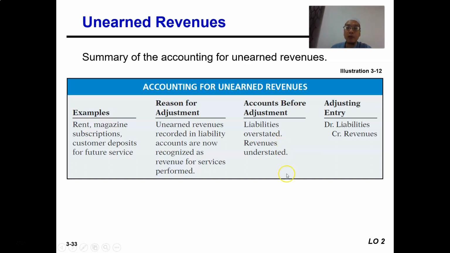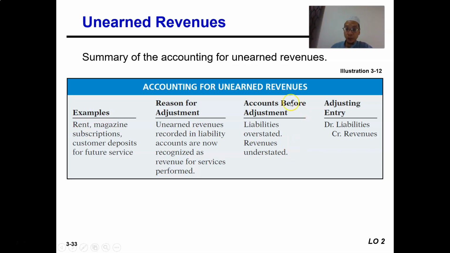If we have not done the adjustment, our liability will be overstated, more than what it is supposed to be. The revenue will be understated because we should recognize it as revenue, but we have not done so in the account. Therefore, our revenue is understated. It will show that our income is less than it actually is.